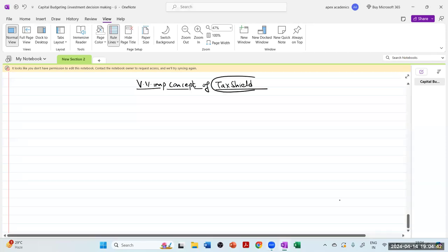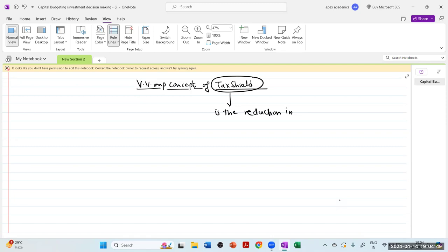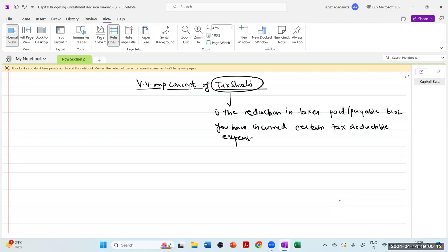What is the meaning of tax shield? Tax shield is the reduction in taxes paid or payable because you have incurred certain tax deductible expenses.